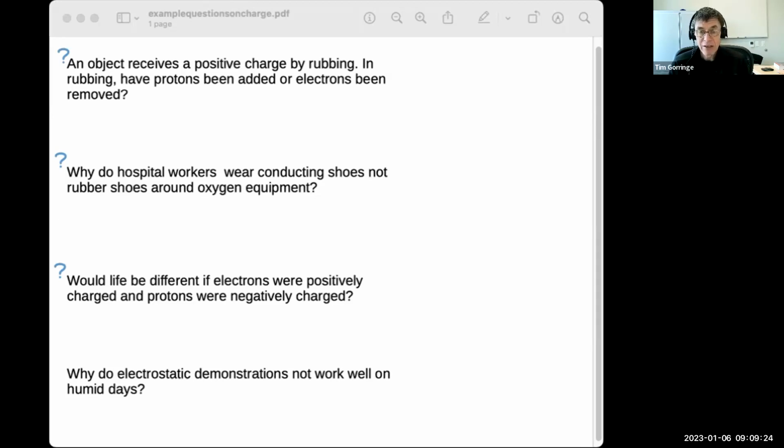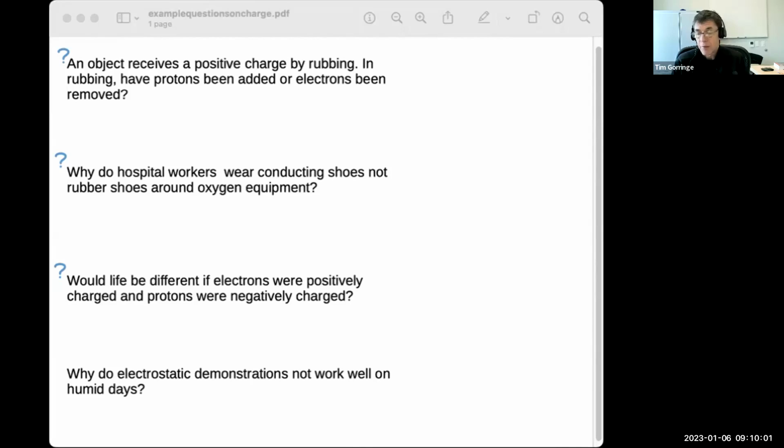In fact, really, our calling of protons being positive and electrons being negative is just a convention. We could equally well have chosen protons to be negative and electrons to be positive. It's just a convention. The important thing is that protons and electrons have opposite charges. That means that electrons and protons with opposite charges will attract one another.